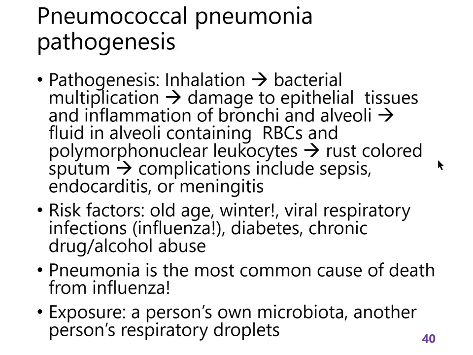Streptococcus pneumoniae does live in the pharynx of a lot of people, and so it's pretty easy to catch from someone near us or to just inhale from our own normal microbiota. And if influenza has made us susceptible, then we get pneumonia.